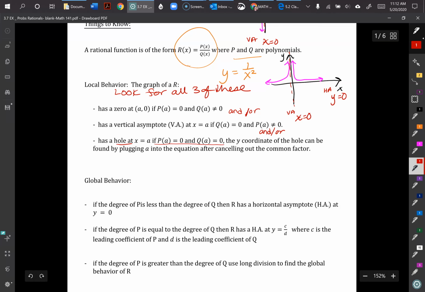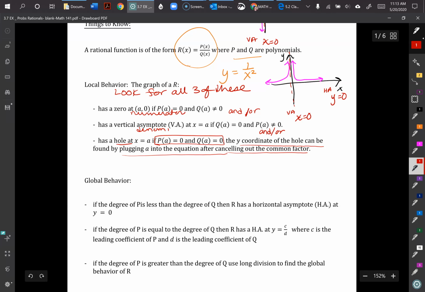So remember what I was saying when we have the 0 over 0, right? For the hole, you would simplify it and then find the y coordinate by plugging into the equation after canceling out the common factor, just like I showed you before. So for zeros, we're looking at the numerator. For vertical asymptotes, we're looking at the denominator.